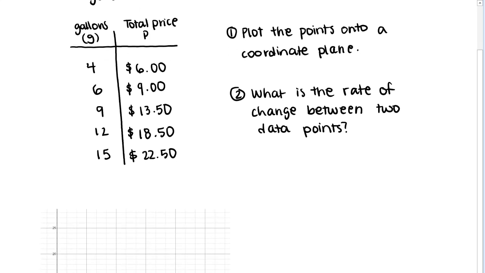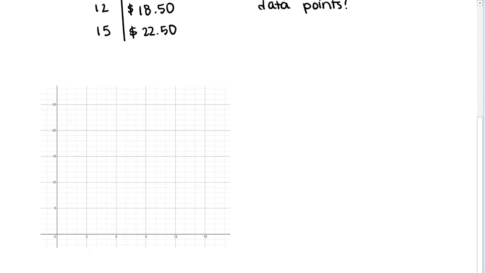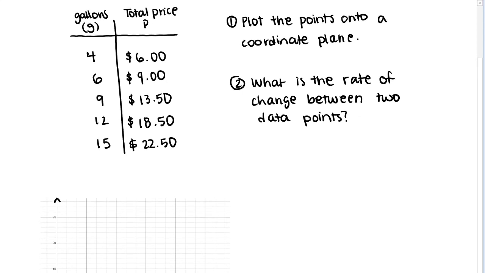Let's plot these points onto a coordinate plane. So we've got the point 4, 6, and our left column, that's our input variable. It's the number of gallons. So I'm going to label that horizontal axis with the variable G. Our output variable, that right column, that's our variable P for the total price. So that's our vertical axis. And so we've got the point 4, 6.